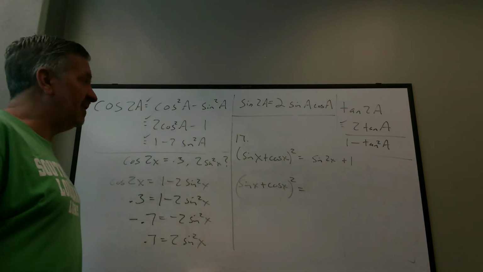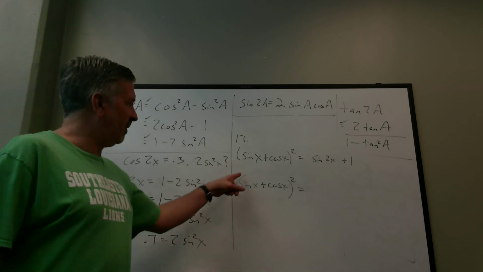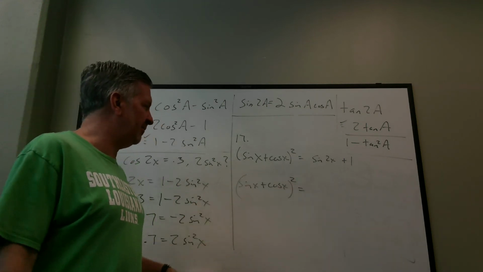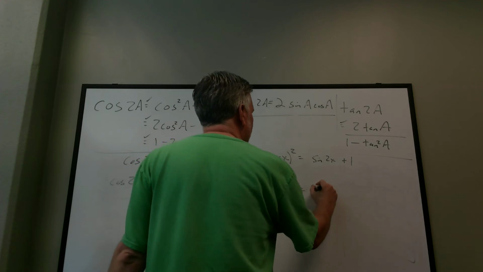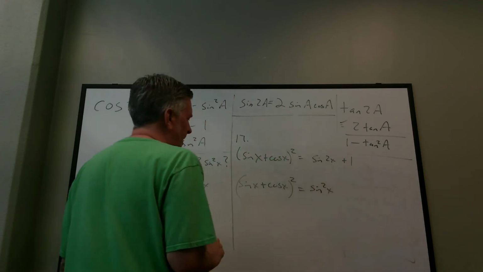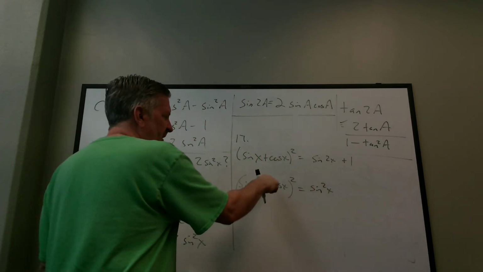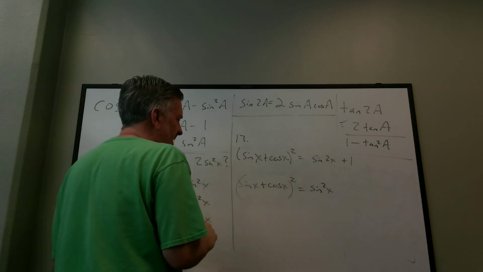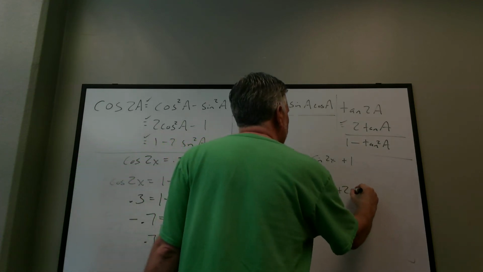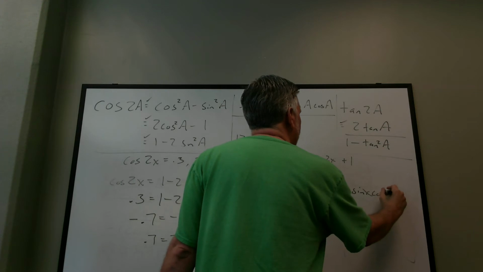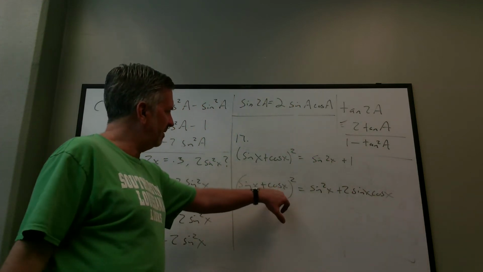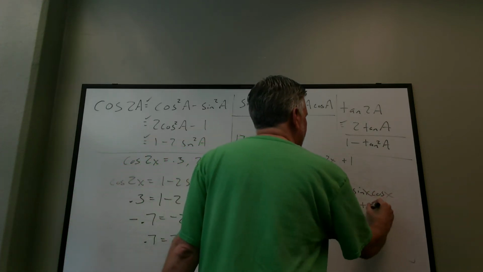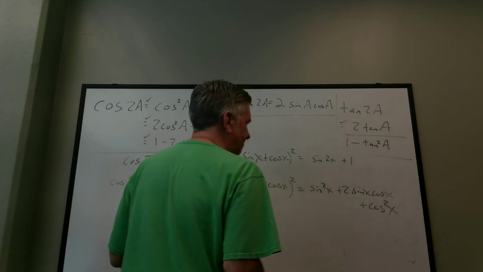And of course, the obvious thing to do here is to multiply this out. Sine plus cosine squared, if you FOIL that out, you get sine squared x. You get a sine cosine for the outside and a cosine sine for the inside, so you get plus 2 sine x cosine x. And then the cosine x squared is plus cosine squared x.